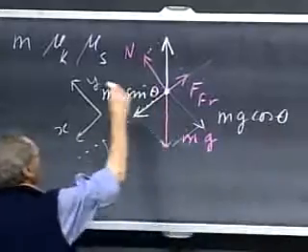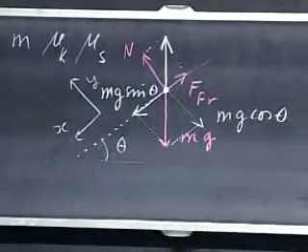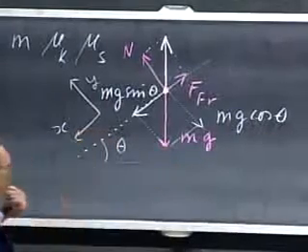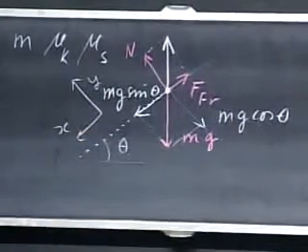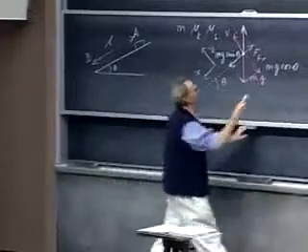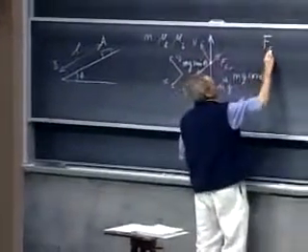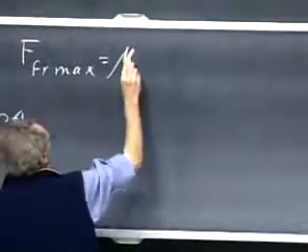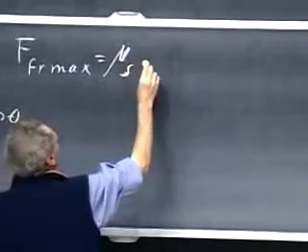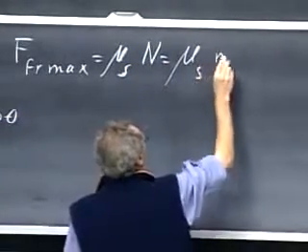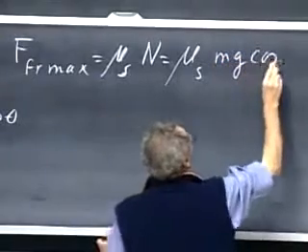Since there is no acceleration in the y direction, the normal force must also be mg cosine theta. I lifted up the incline to the point that it is just about to start sliding, and so that means that the frictional force is at its maximum possible value, which is the static friction coefficient times N, and therefore that is mu s times mg times the cosine of theta.